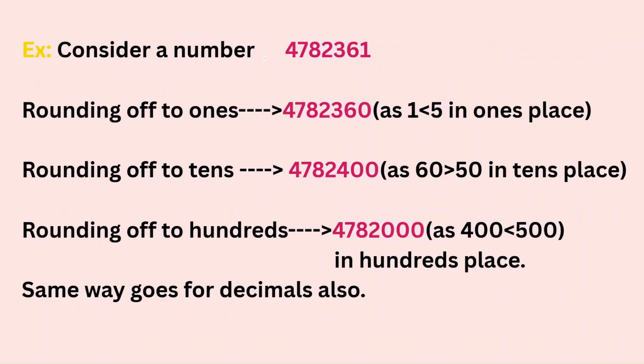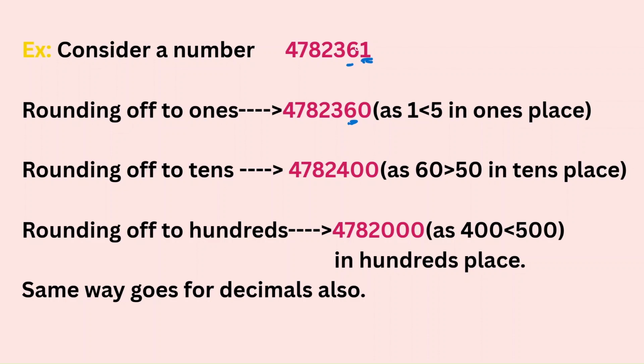If you see in this number, the first digit is 1. 1 is negligible, which is lesser than 5. So we are considering that as a 0, and we are not changing any number next to that number. The 6 will come as it is. We didn't change it at all. Even though we put it 0, that means we neglected this 1.